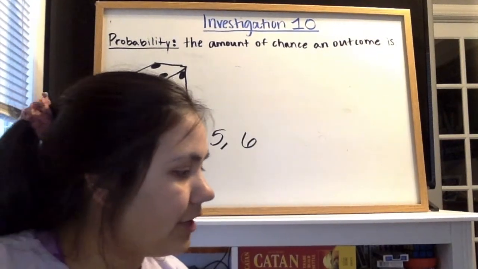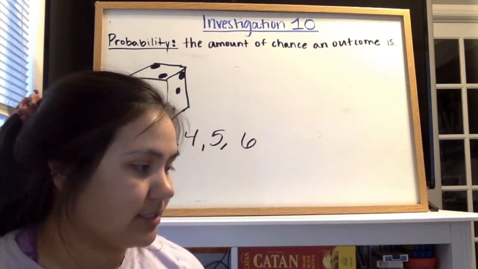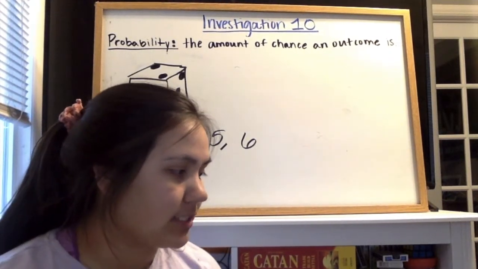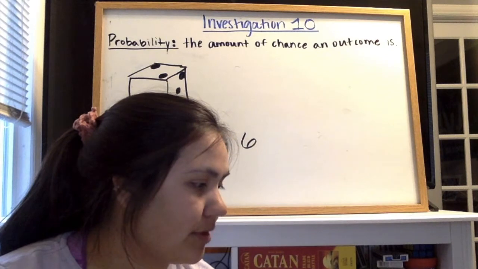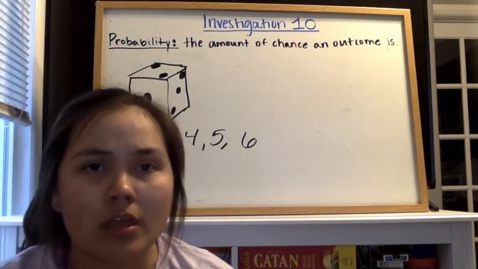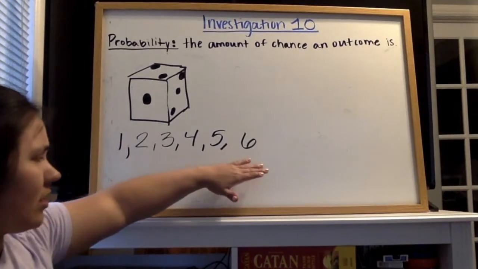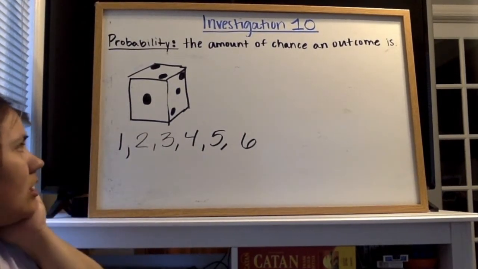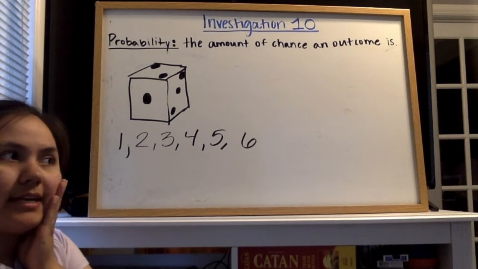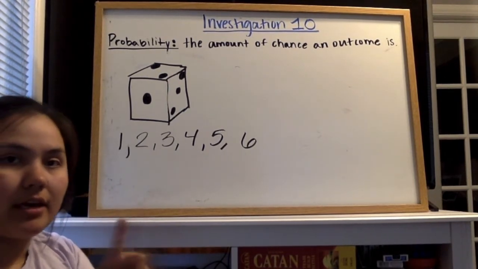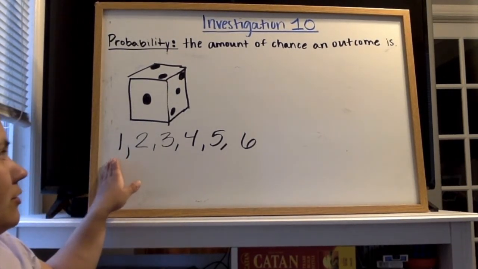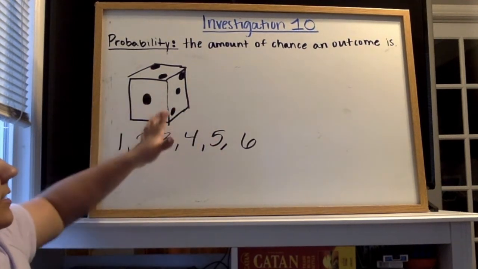Number 12. If a dot cube is rolled once, which number is most likely to end up on top, and why? Well, on a dot cube or a dice, you don't have any numbers that appear more than once, okay? You don't see 2 4s appearing on this dice, okay?